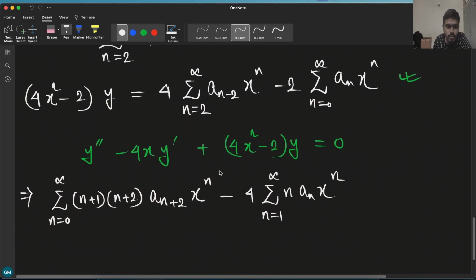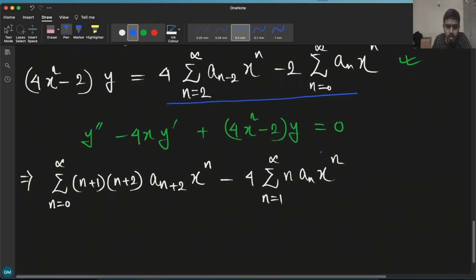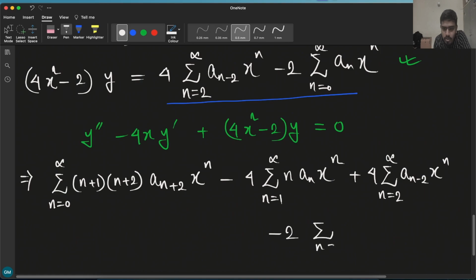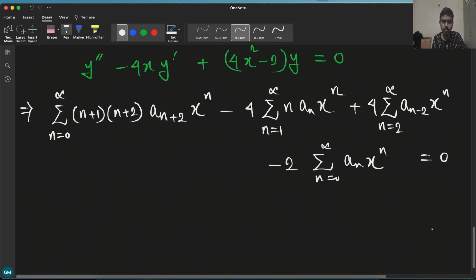And now the third term, which is this one, will be plus 4 sum over n equals 2 to infinity a_{n minus 2} x to the power n, minus 2 sum n equals 0 to infinity a_n x to the power n, equals 0. Okay, so these are the 4 terms. Now we can see that for all of these 4 summations, x has a power of n.